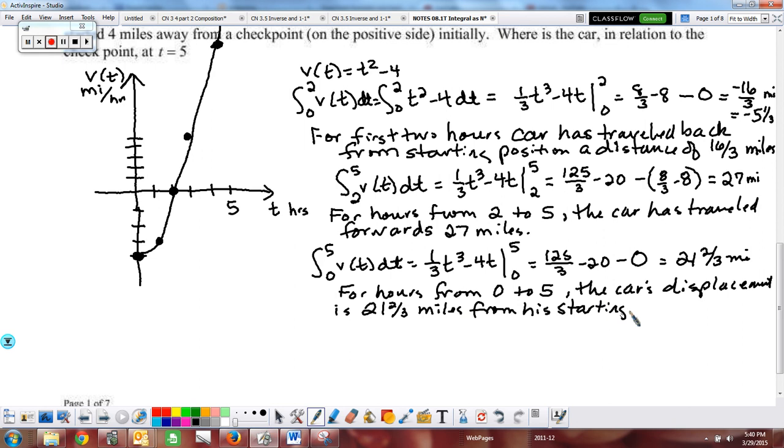How did we get to that? Because he traveled 5 1/3 miles back and then 27 miles forward. So his net change in his position is going to be 21 2/3.